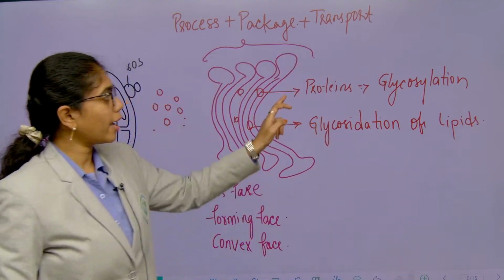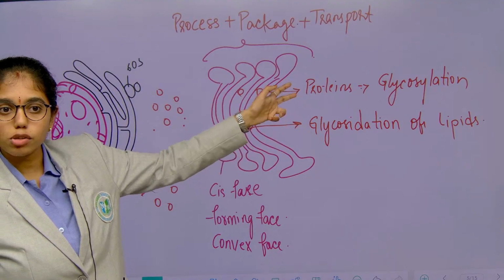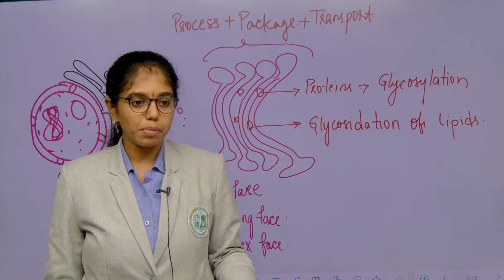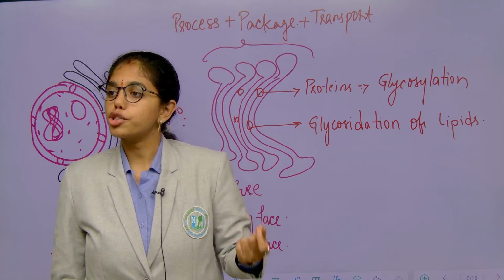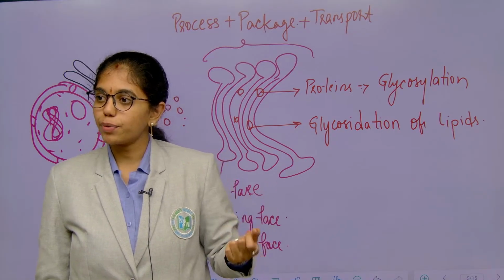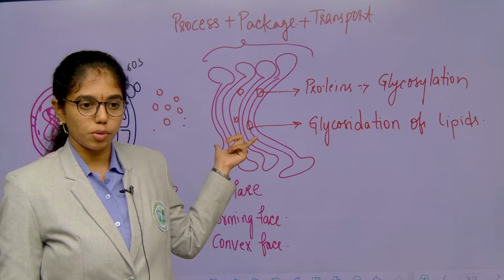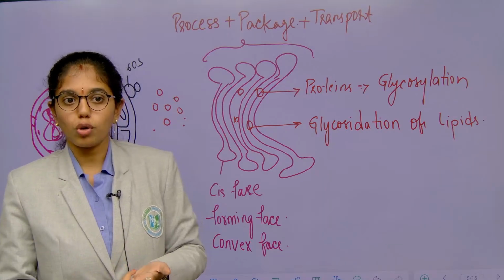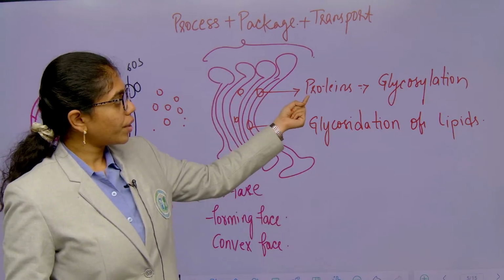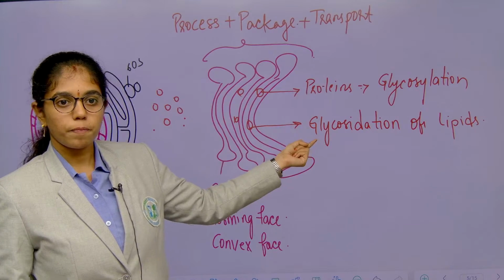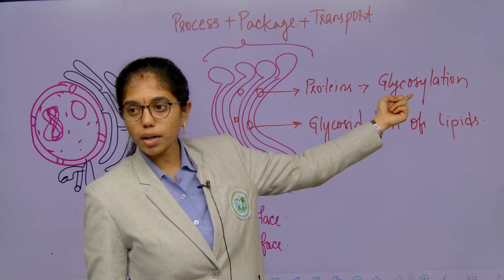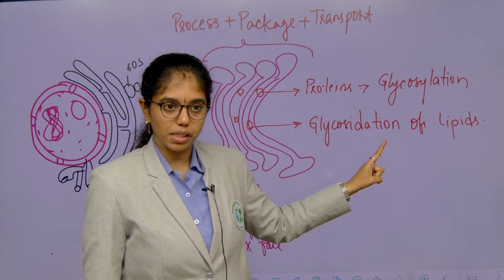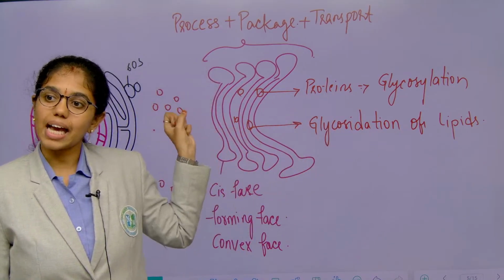In simple terms, glucose molecules or sugar molecules will be adjoined with what? Lipids and proteins inside Golgi bodies. Like mannose, fructose, glucose, will be adjoined with proteins and lipids. That process is known as glycosylation of proteins and glycosidation of lipids. That is how they are processed and packed.